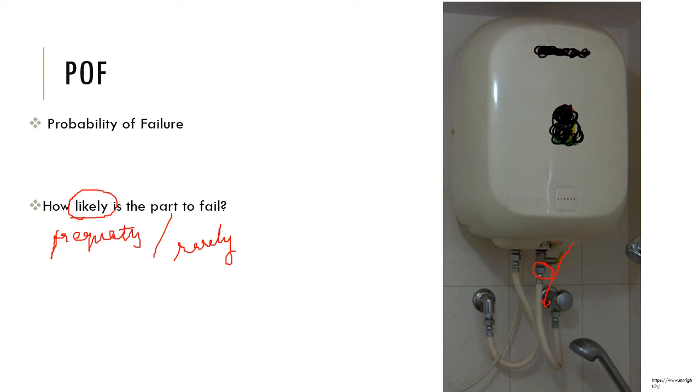But how likely is it to fail? It will encounter mainly external corrosion. Although we may not realize it, this is one of the major parts which will encounter external corrosion, because this screw will experience all the water and moisture that is going to come out of this shower or this shower.